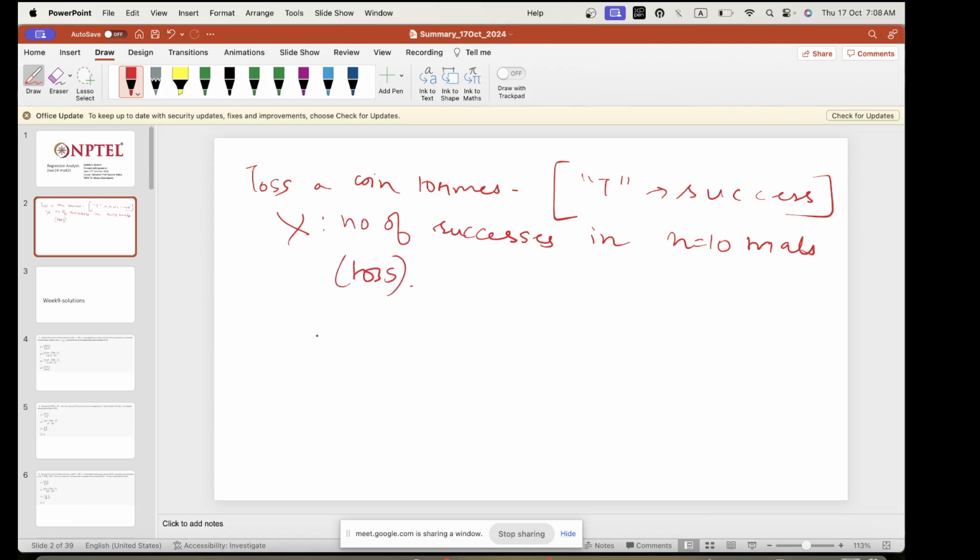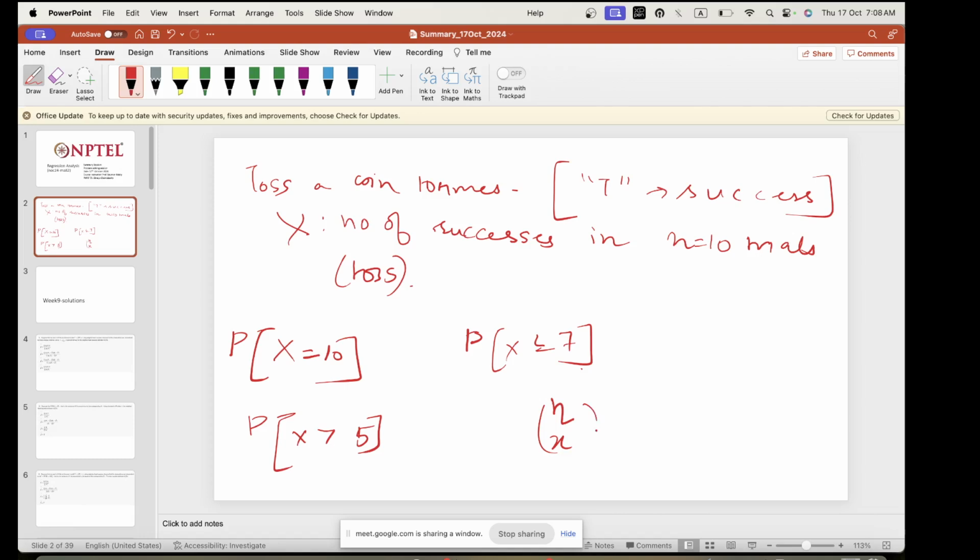If this is your random variable and you are asked to find probability x equal to 10, or find probability x greater than 5, or find probability x less than or equal to 7, then you should use this formula: nCx p to the power x times 1 minus p to the power n minus x.